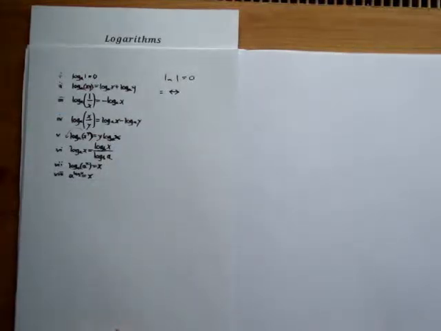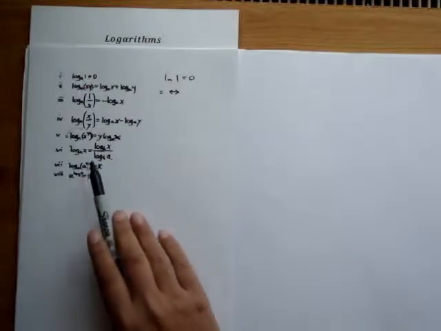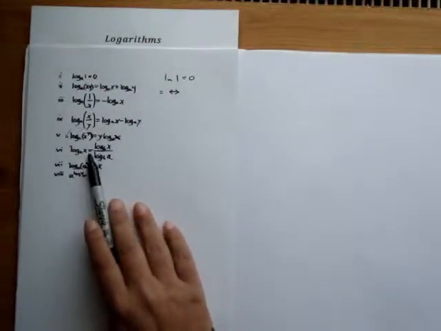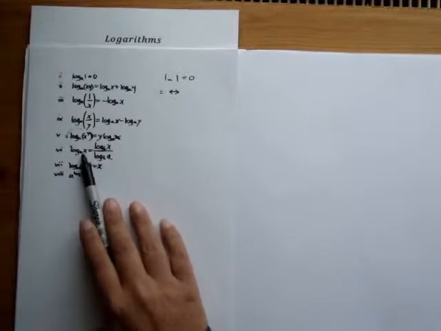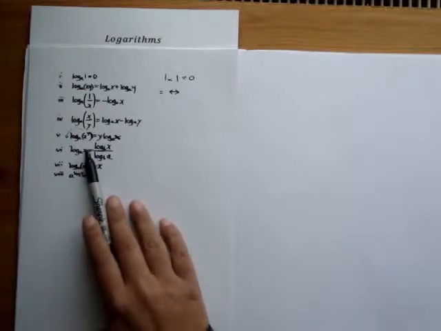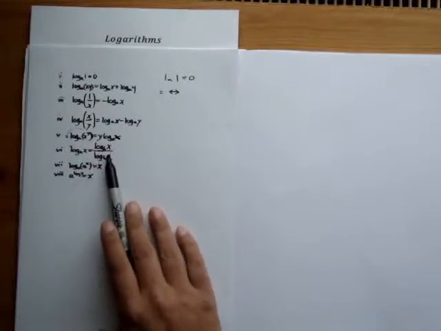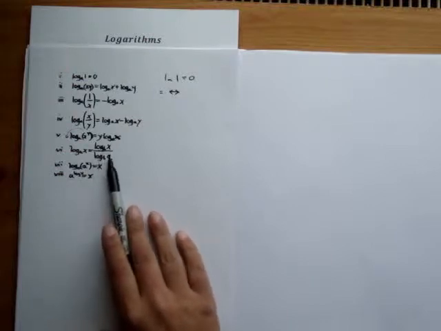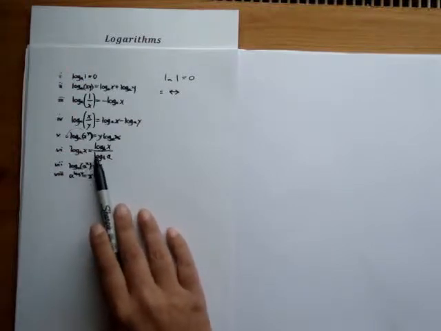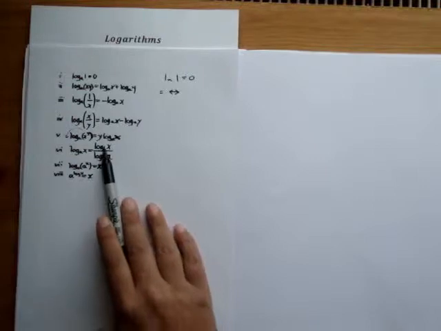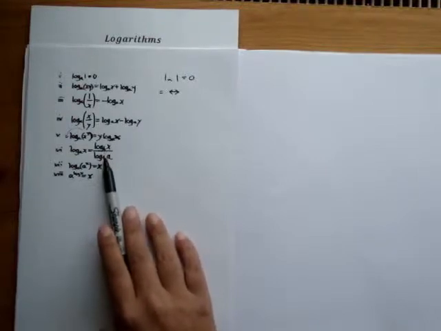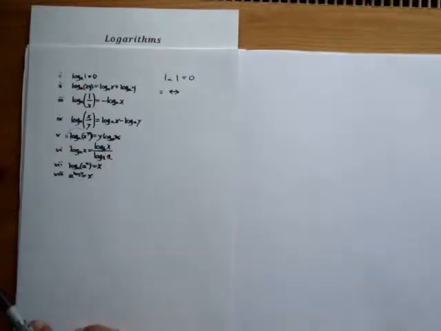So if we have a log in a base and we want to change that base, we take the big x and put it over, so log of x over the log of the base, which is log of a, and have the same base on the top and the bottom.